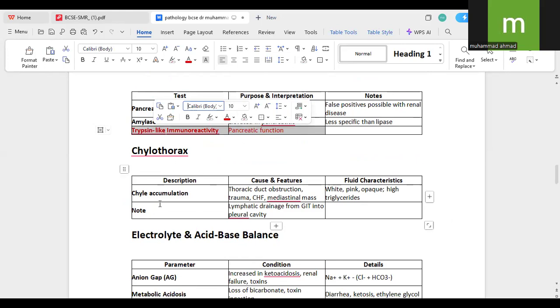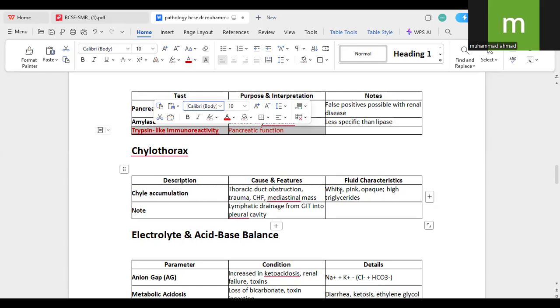Chylothorax: accumulation of chyle, white milk after the meal. So thoracic duct obstruction, blockage of the lymphatic system in the thoracic duct, trauma, chronic heart failure, or mediastinal mass. These are the conditions where we can see chyle accumulation.